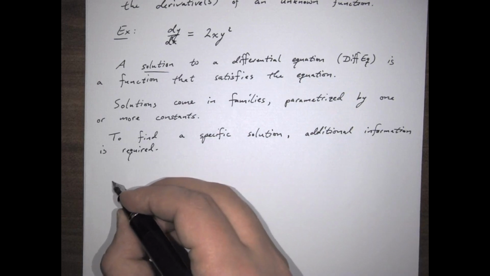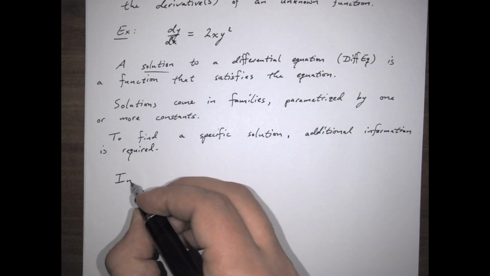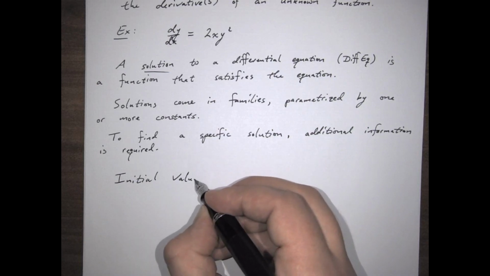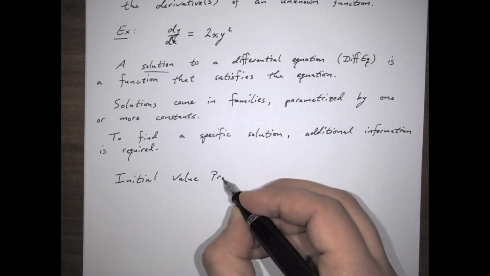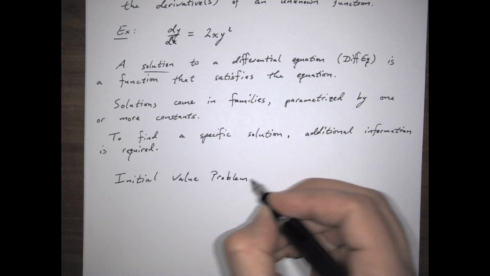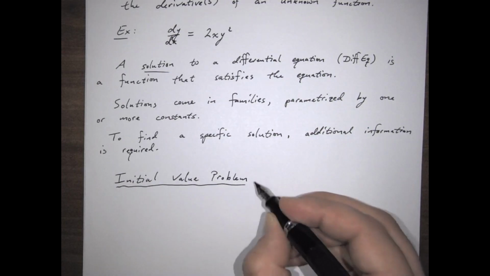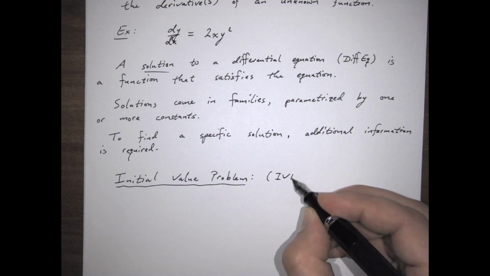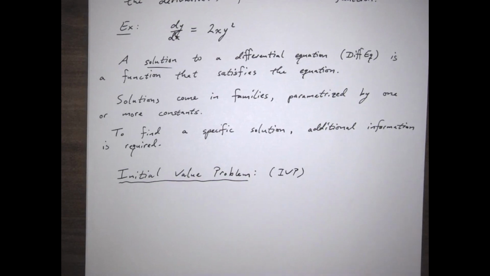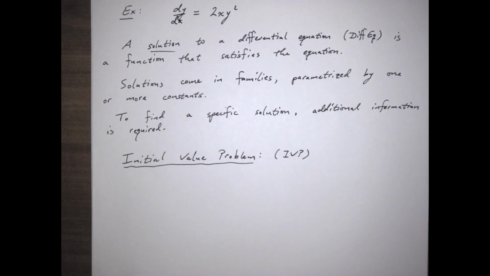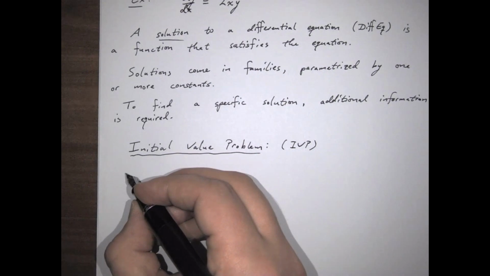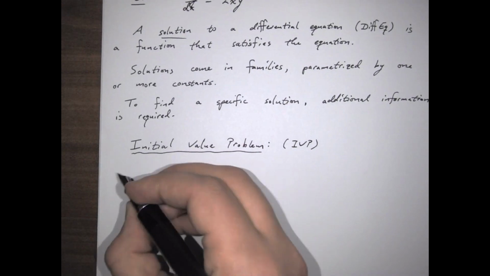So an initial value problem, which we will call IVPs for short. An initial value problem, or an IVP, is a differential equation along with an initial condition.